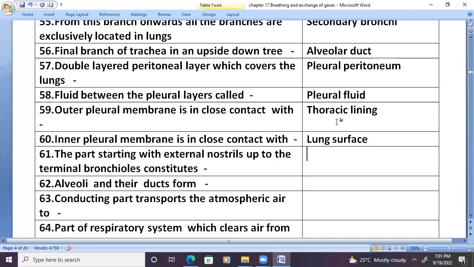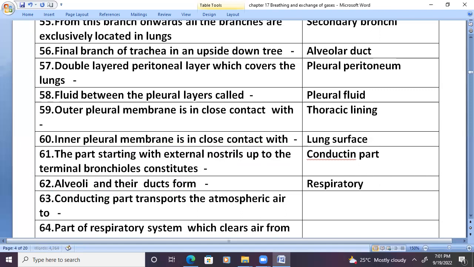The part starting with the external nostrils up to the terminal bronchiole constitutes the conducting part. Alveoli and their ducts form the respiratory, or exchange, part.